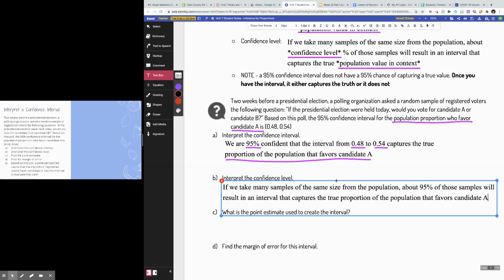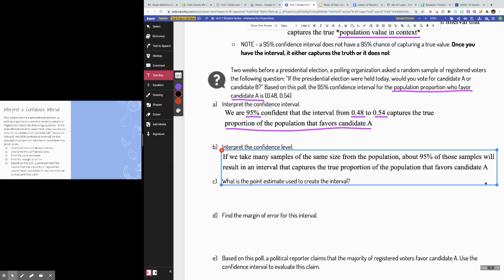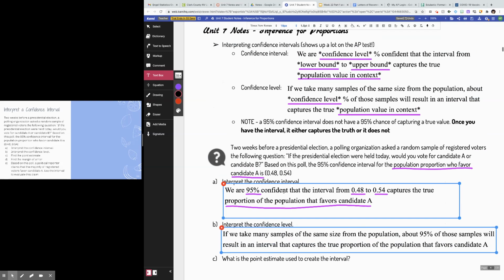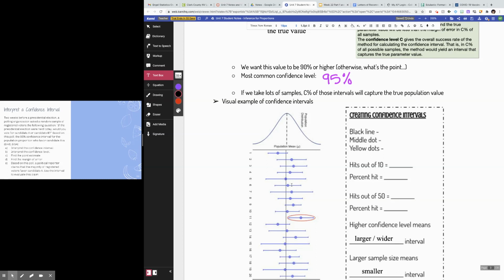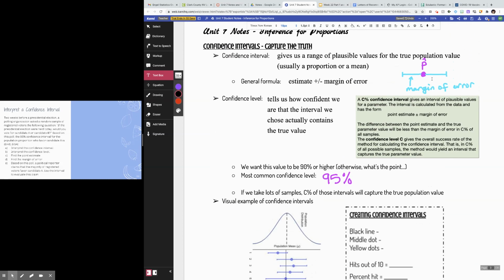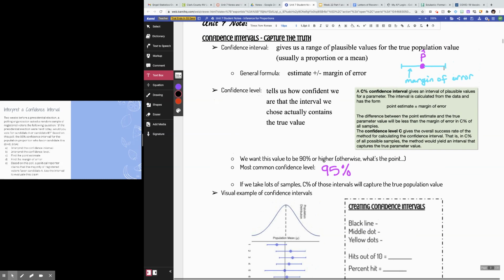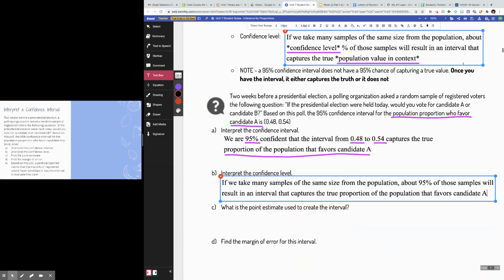Okay. Part C says, what is the point estimate used to create the interval? If you recall, the point estimate lies in the middle of the confidence interval, right? So your point estimate is this value, the p hat value, and then you have your margin of error. These little knots on the end right here are your bounds, your lower bound and your upper bound. So in any confidence interval, your point estimate is going to be the exact middle of your interval.